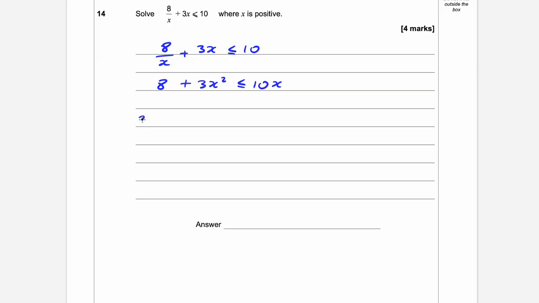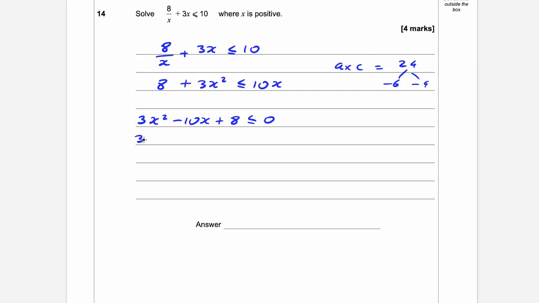8 plus 3x squared is less than or equal to 10x. Okay, now make a quadratic inequality less than or equal to 0. So 3x squared minus 10x plus 8 less than or equal to 0. Factorize this. Let's do a times c, which is 3 times 8 is 24. Factors of 24 to give me negative 10 are minus 6 and minus 4.